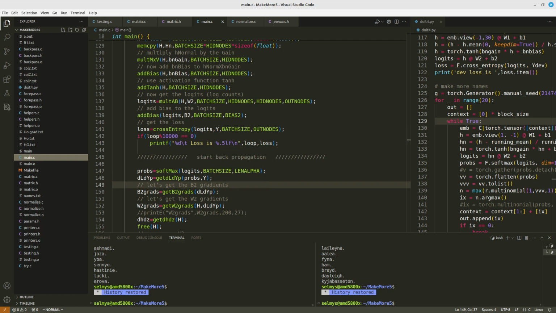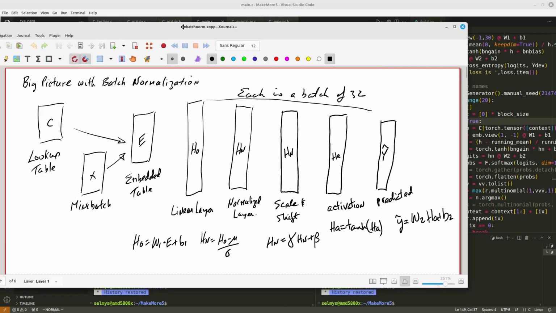And that would be in, where would that be? That would be right here. Okay, so this is what we got.